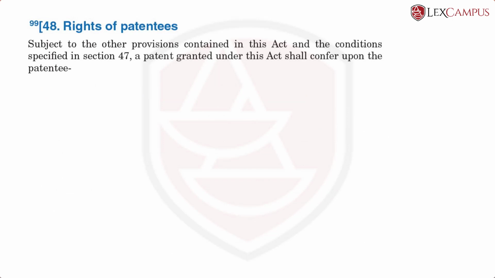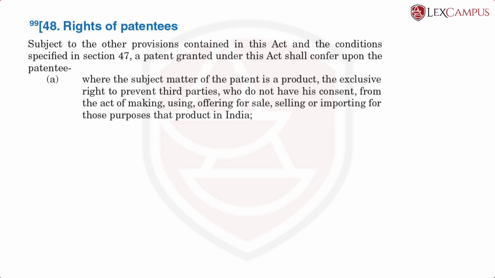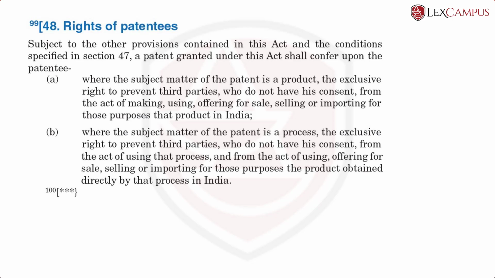There are two sets of rights. A deals with rights with regard to a patented product, and B rights with regard to a patented process. Now, what are these rights? The patentee has the exclusive right to prevent third parties from making, using, offering for sale, selling or importing.